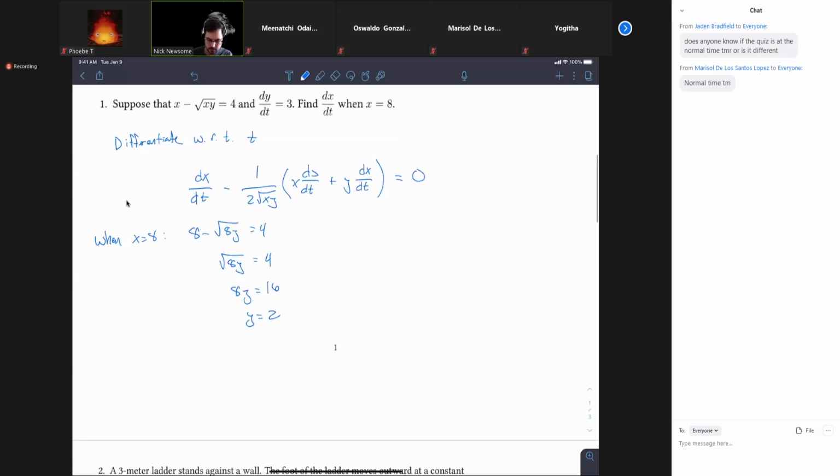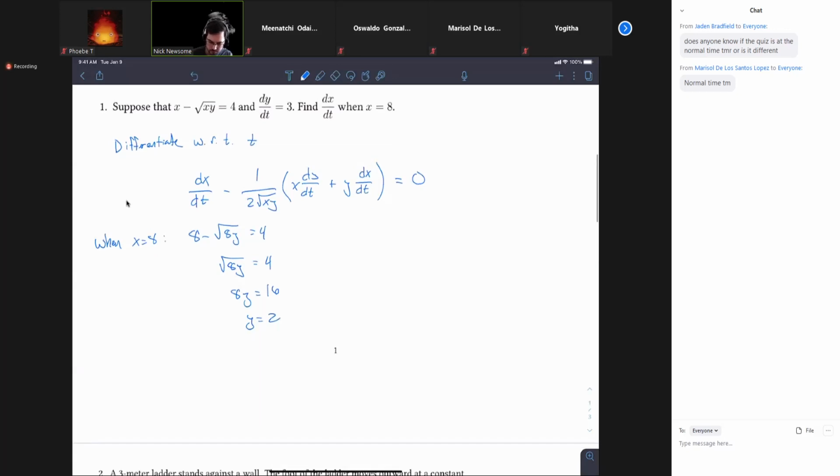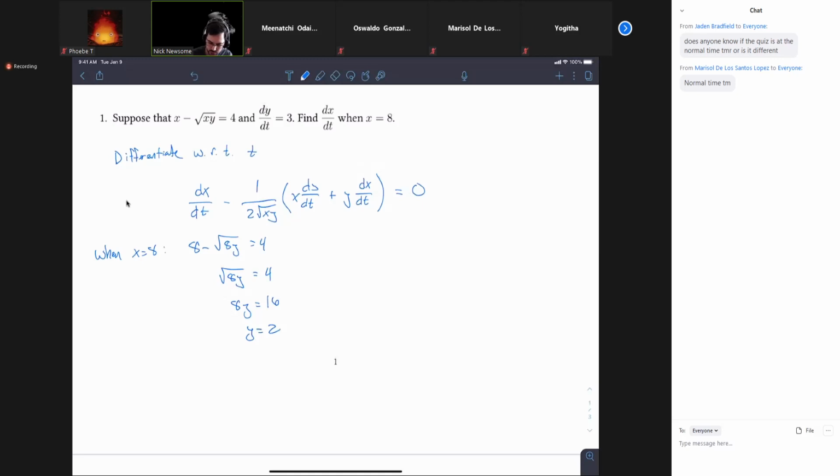It looks like I might need more room, but I think I can cheese it. There we go. So I know that x is equal to 8, dy dt is equal to 3, and y is equal to 2. So just shove all this information into this equation here.